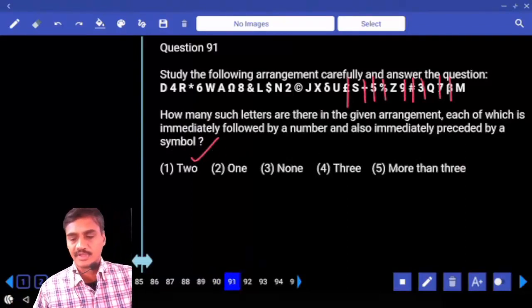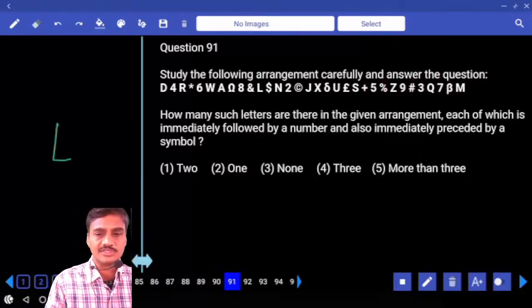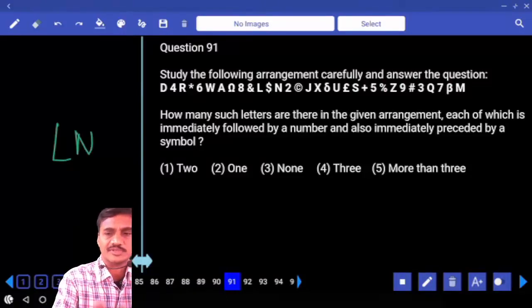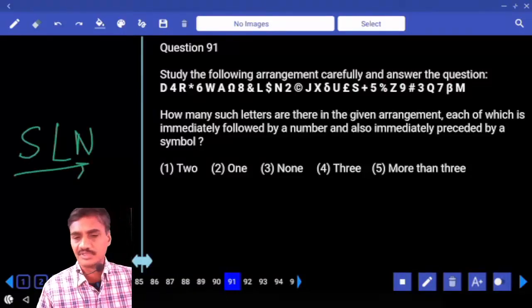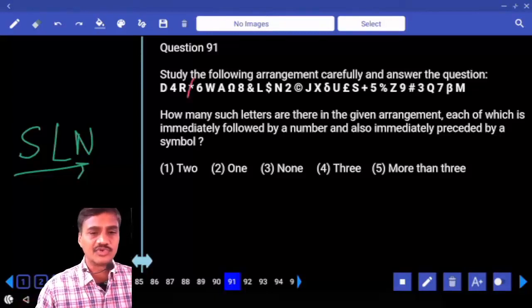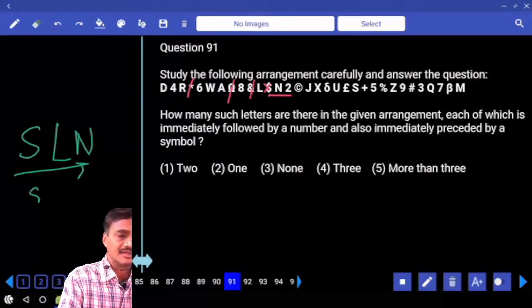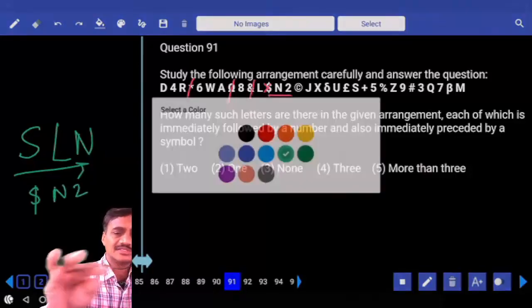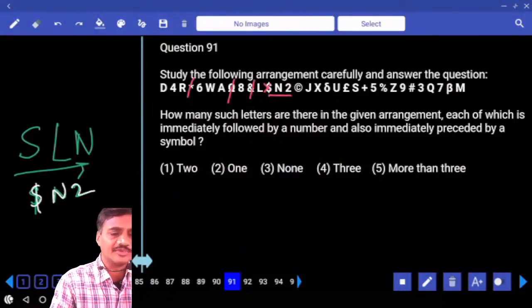Question 90: how many such letters are there, each of which is immediately followed by a number and preceded by a symbol? The sequence should be symbol, letter and number. Checking each: dollar, N and 2 works, since N is a letter immediately preceded by the symbol dollar and followed by number 2.